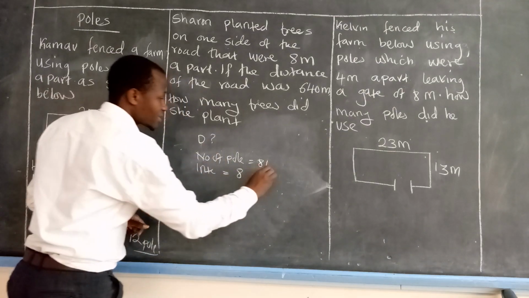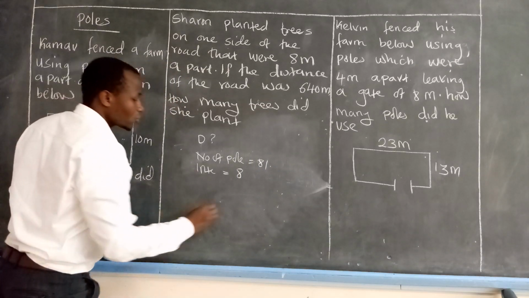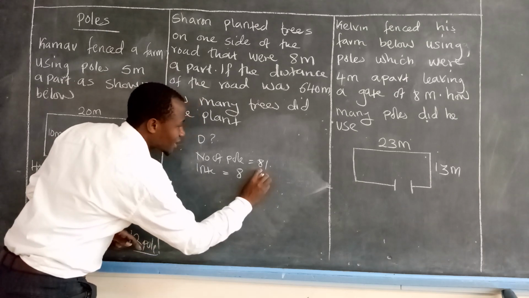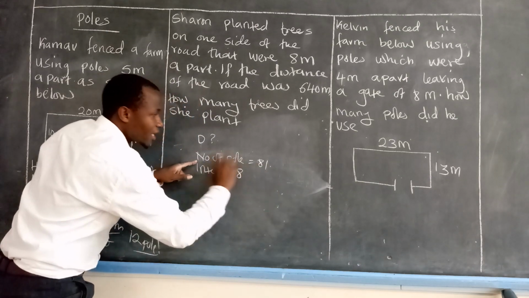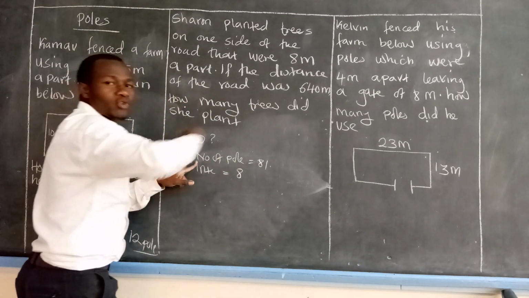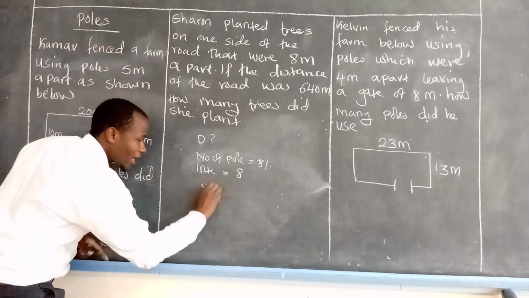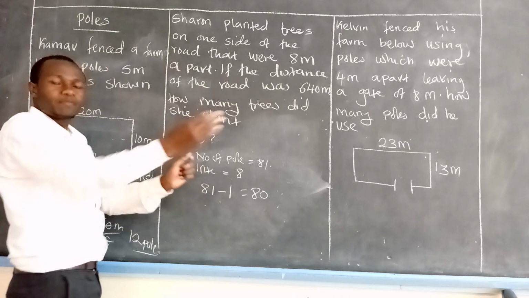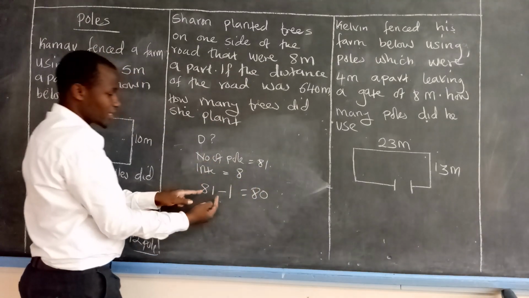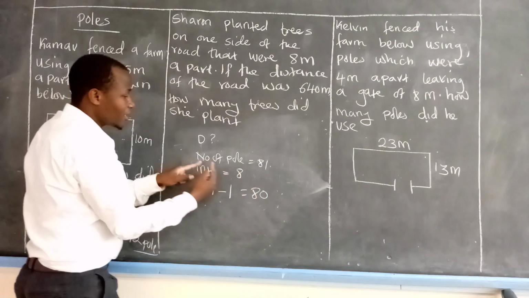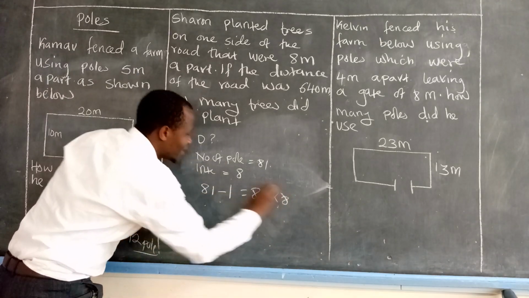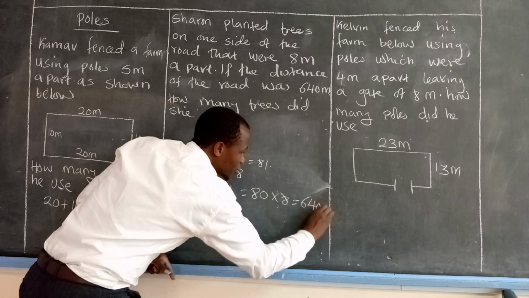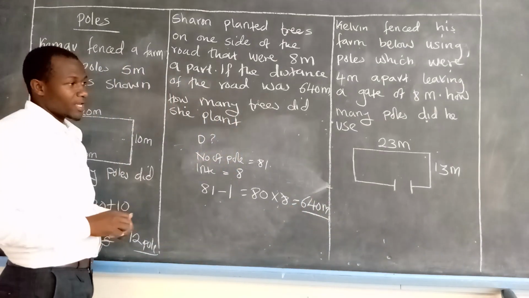We'll be told to find the distance. You take the number of poles. Remember, they are on a straight line, so it is 81 minus 1. You get 80. This 80 is the spaces, so you have to deduct 1. Then multiply by the interval 8. You end up getting 640 meters. It is as simple as that.